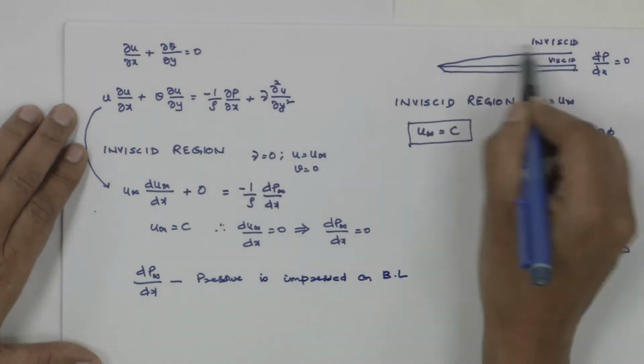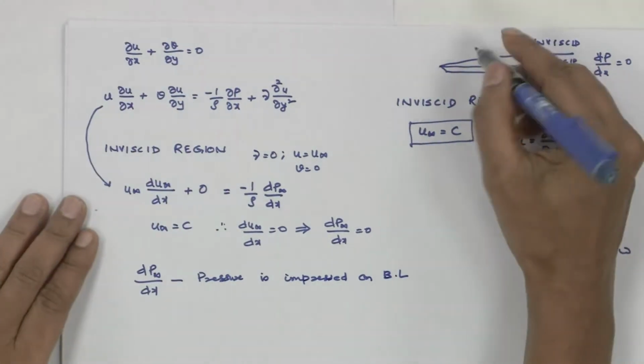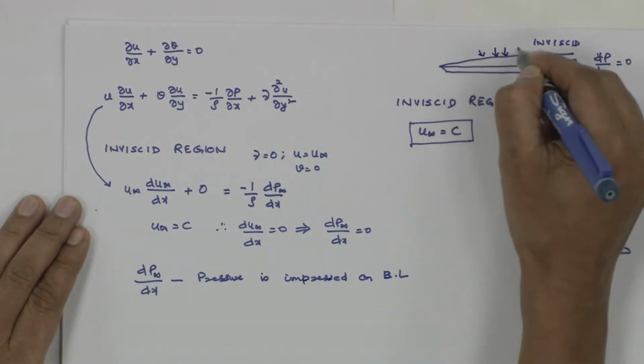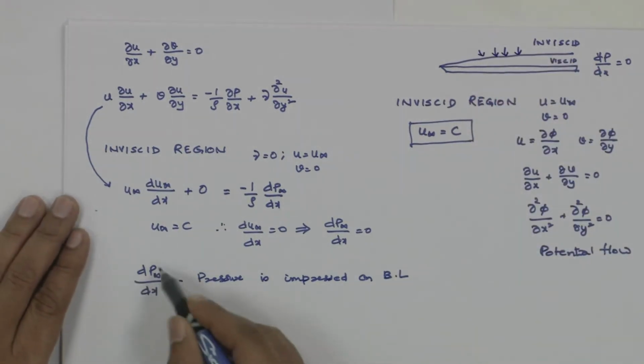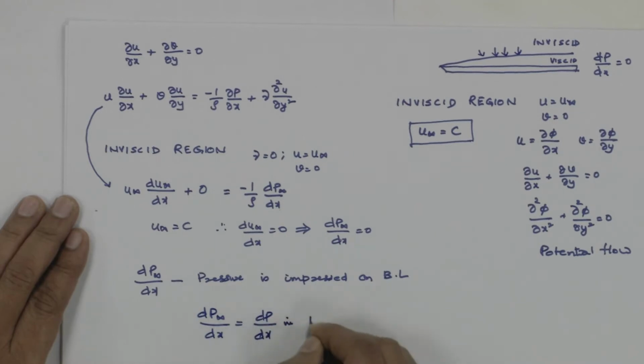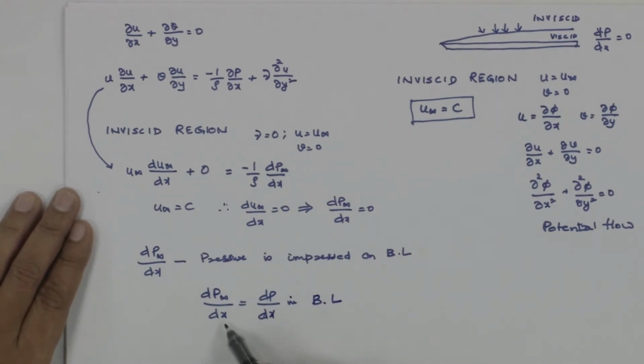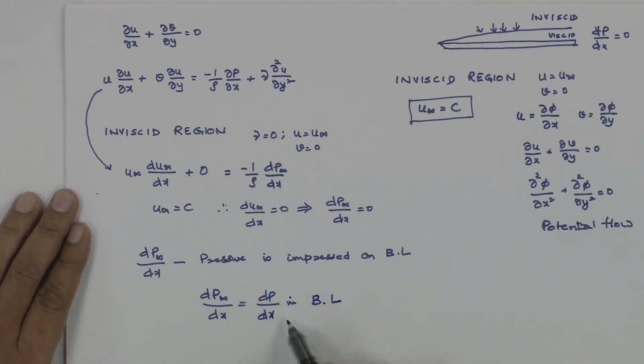This is in the inviscid region, dP infinity by dx, it is pressing the boundary layer. So that is why dP infinity by dx would be equal to dP by dx, because that is the pressure which is acting in the boundary layer. But dP infinity by dx is 0, so dP by dx in the boundary layer is 0.